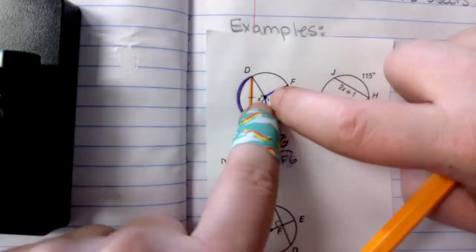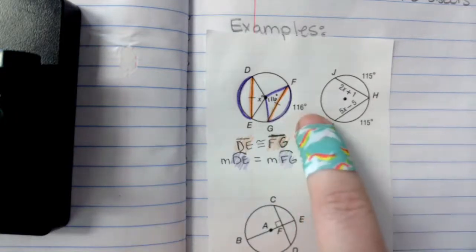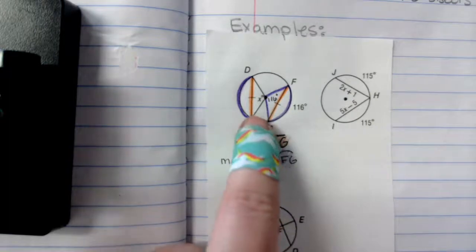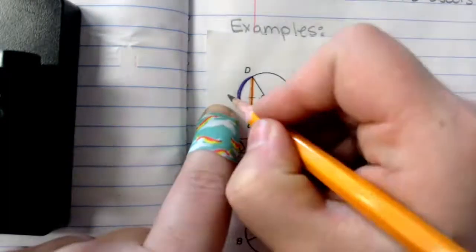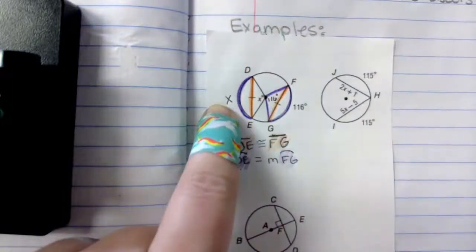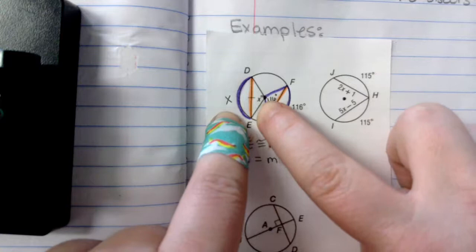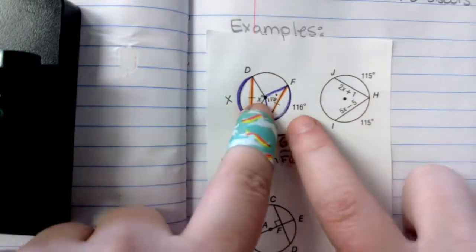This one is a little bit different. Alright, so this one, what is some information that they give us? There's like 4 pieces of information. What's one of the information pieces? The numbers. Like what's 115? JH, that arc, is 115.